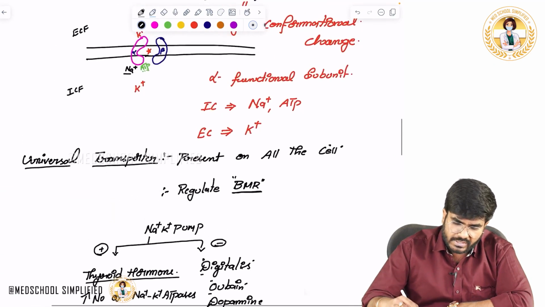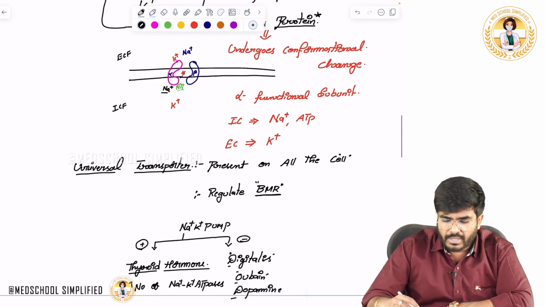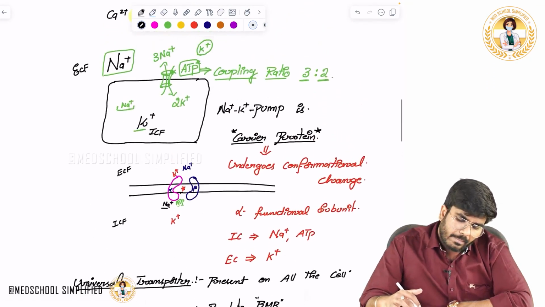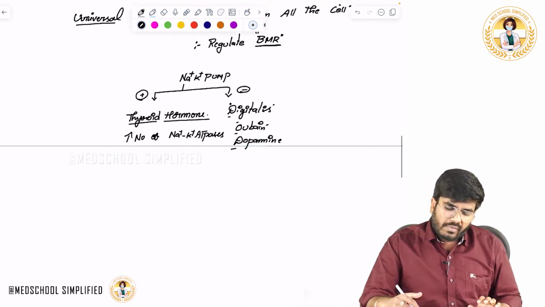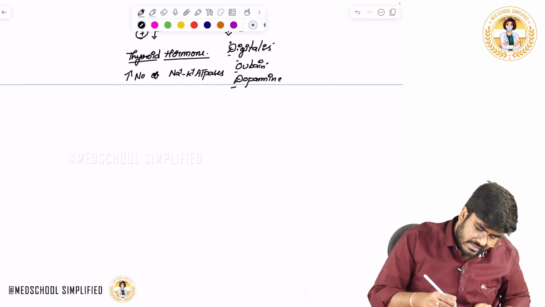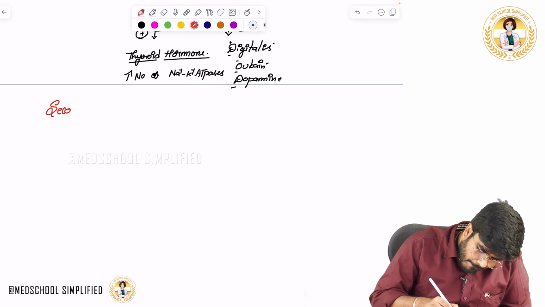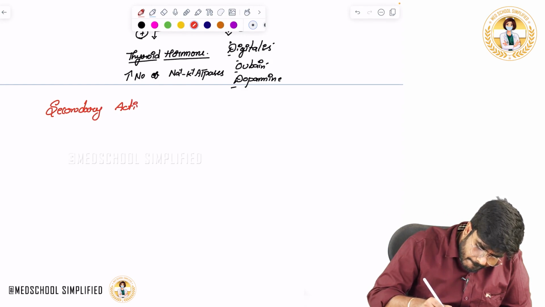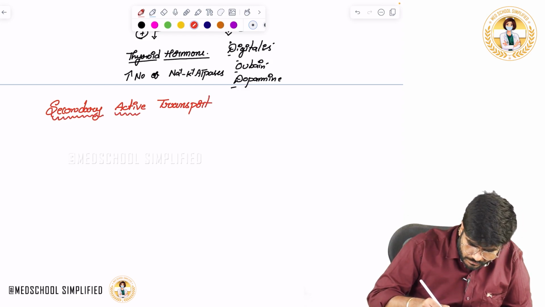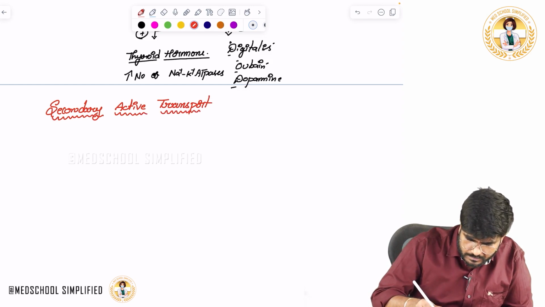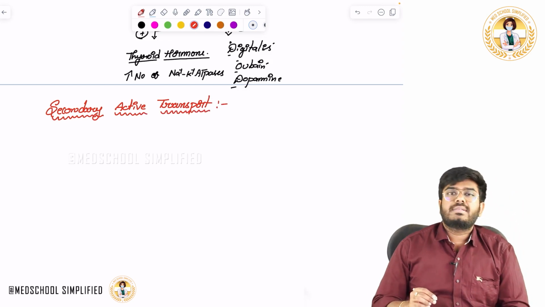So these are some important points which I want you to know regarding sodium potassium pumps as well as primary active transport. Now after primary active transport, let's discuss secondary active transport.